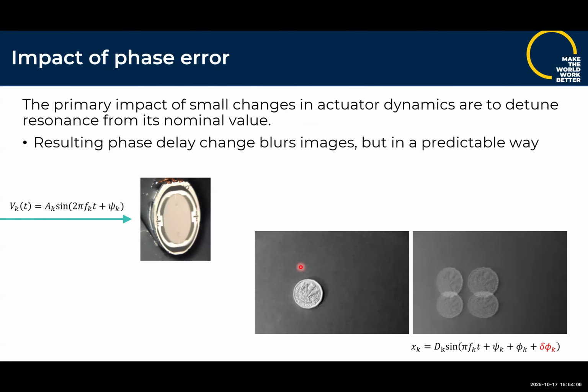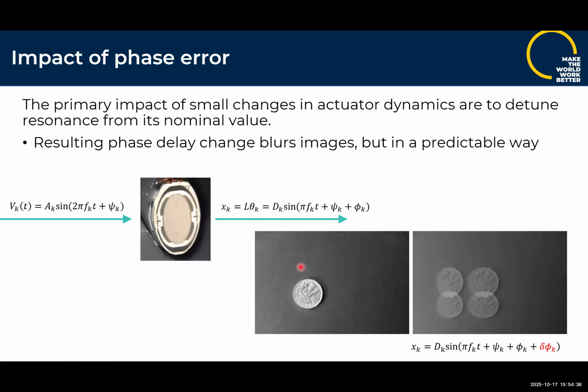As this detunes, because of uncertainty about the properties of your system, it fortunately does so in some predictable ways. In either axis, you're putting in some voltage signal with an amplitude, a drive frequency, and a desired phase angle that you control to try to create a desirable Lissajous scan. And then you're getting out whatever angle of the system you're getting. Roughly the amplitude of the angle gives you the field of view.